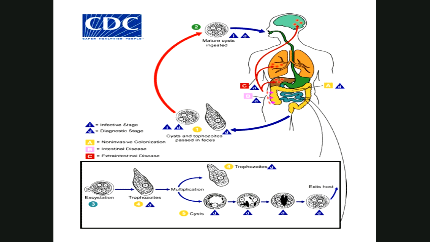However, not more than 15 to 20 minutes they survive and they die, and you can't really see a trophozoite unless the stool is very freshly passed. The cysts, they are tough and they can remain in the environment for even days.